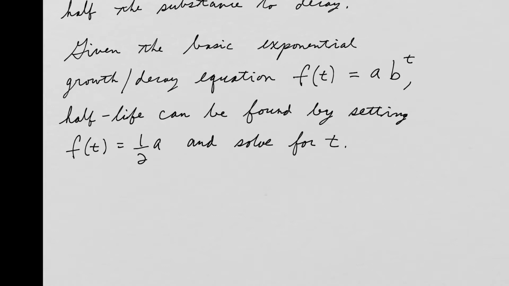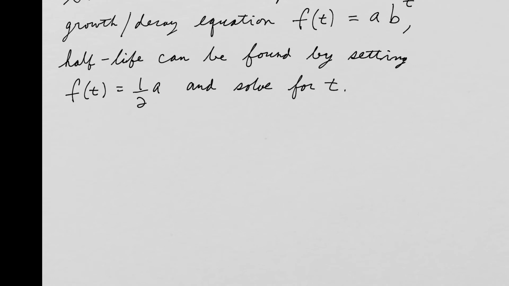Okay, so let's do that. On the left-hand side, I'll have half of a is equal to a times b to the t. Now, of course, we can cancel a's. You can divide both sides by a, so the a's are gone.